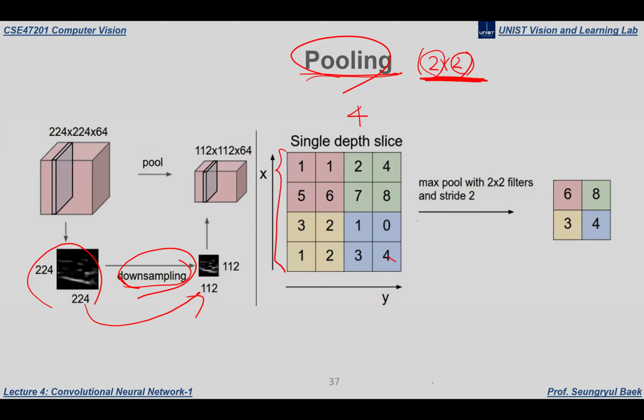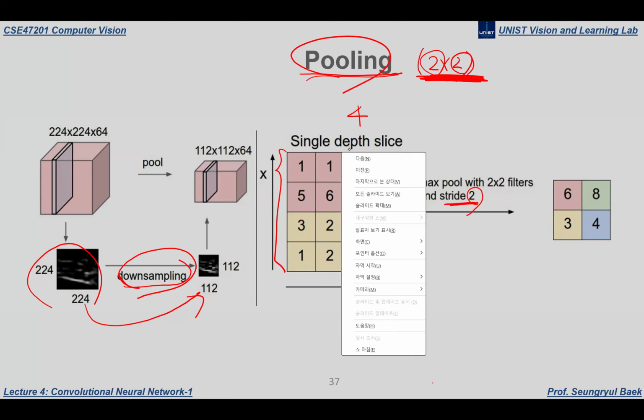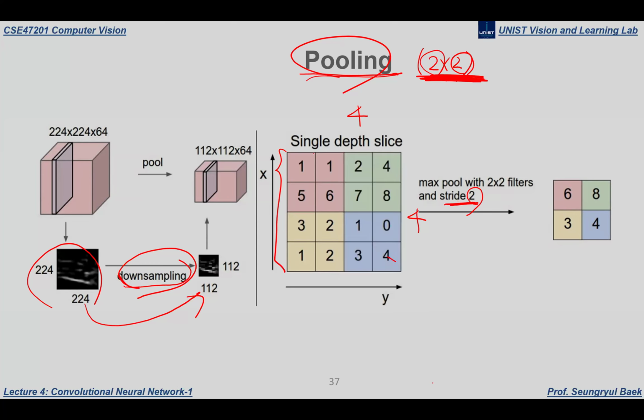Let's say that is a 4x4 image, and it is 2x2 pooling with the stride set to 2. Their window becomes this 2x2, and this window is moved by 2 pixels because the stride is 2.